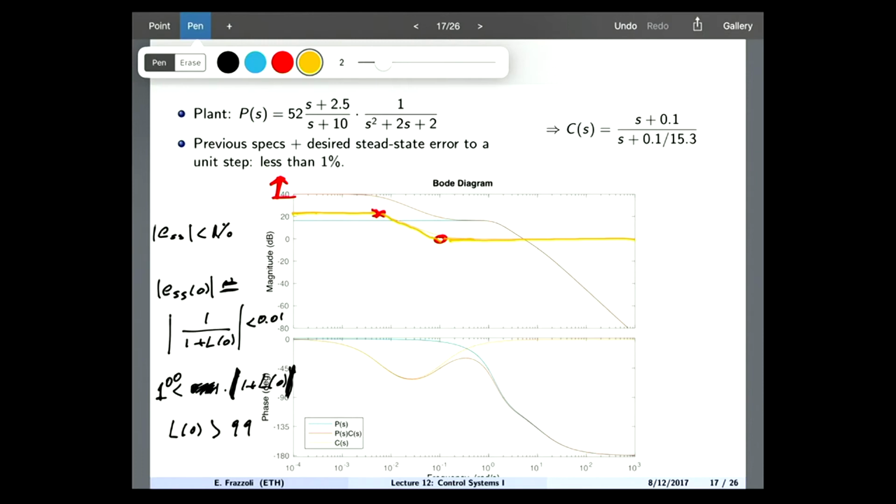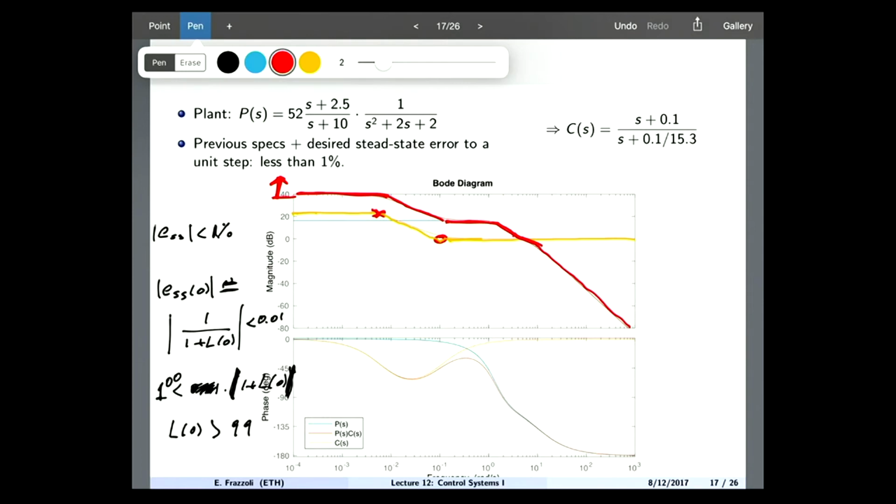The effect from here onwards is nothing, because the magnitude is 1. But I am essentially increasing the gain at low frequencies. And this would be the Bode plot for my loop transfer function. So you see what is happening?